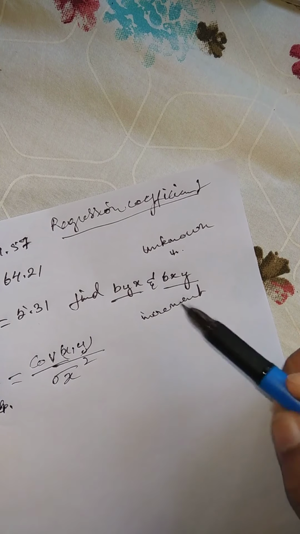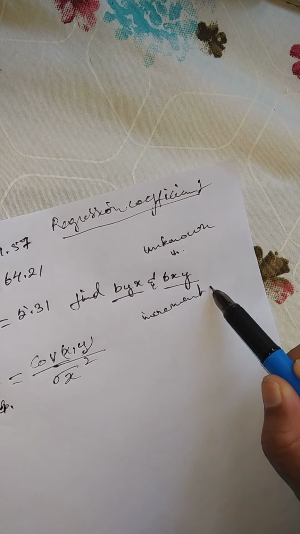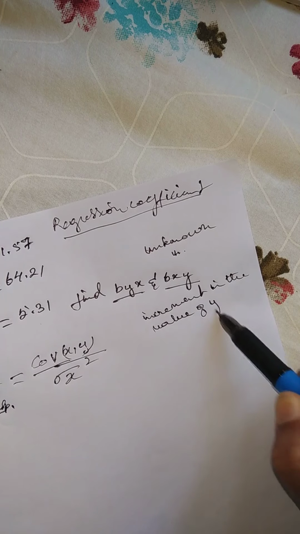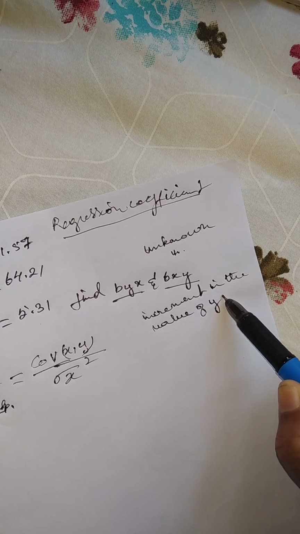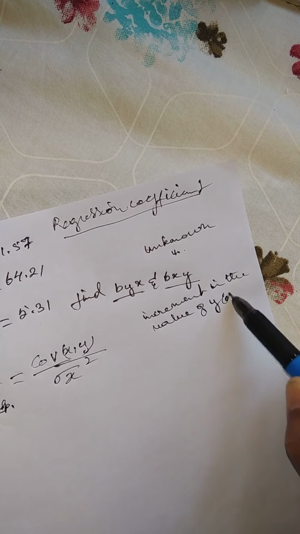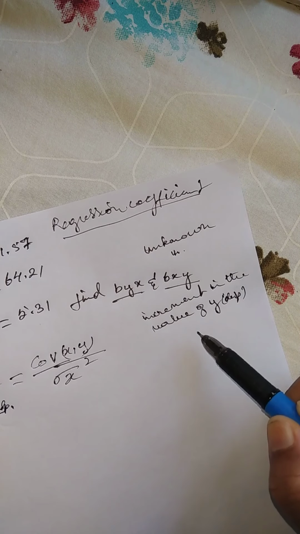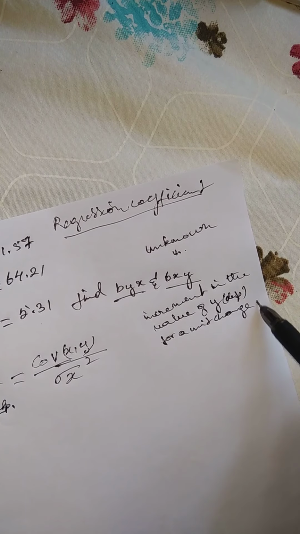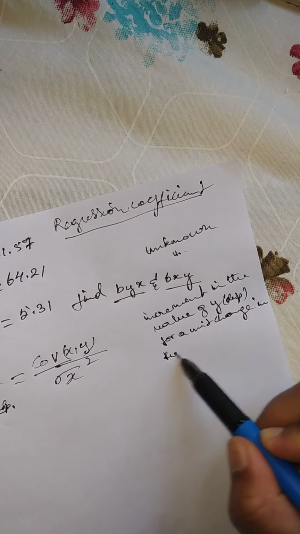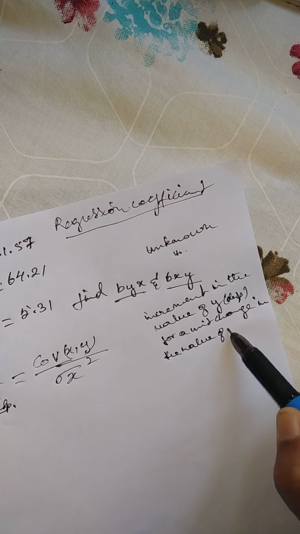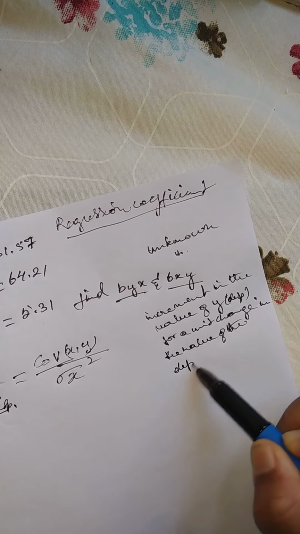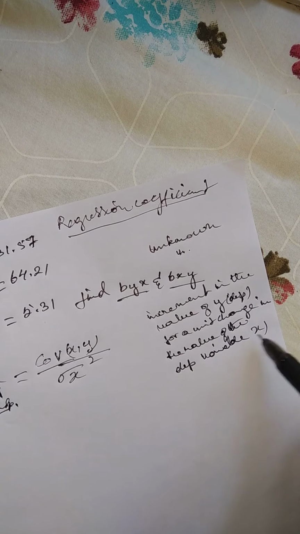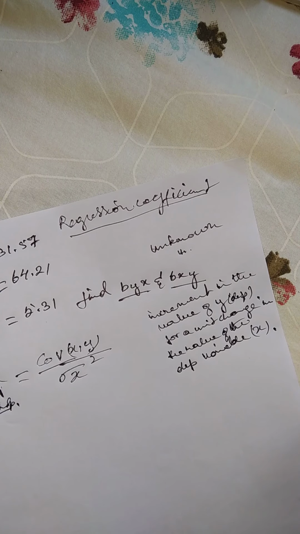Here it is regression coefficient of y on x: the increment in the value of y, that is the dependent variable, for a unit change in the value of the independent variable, that is x.